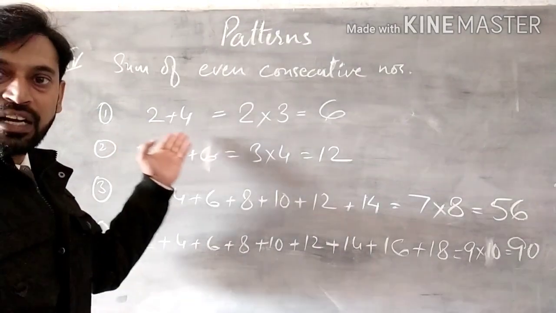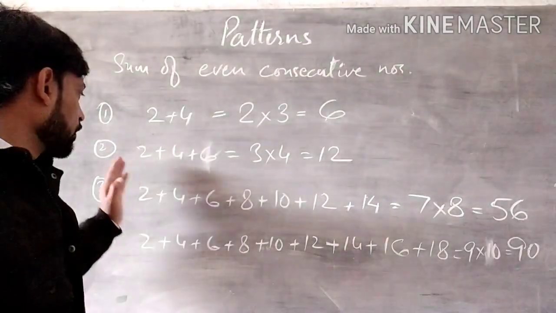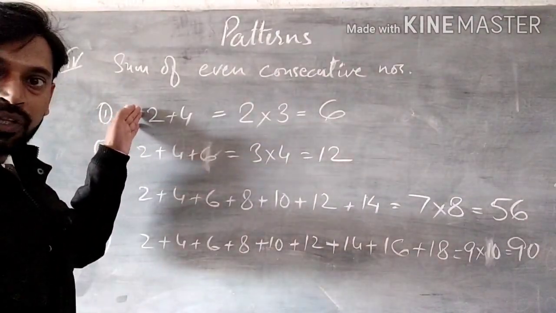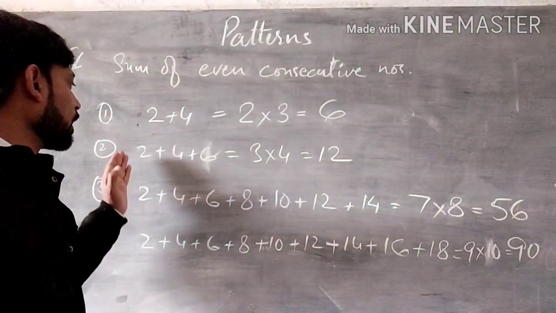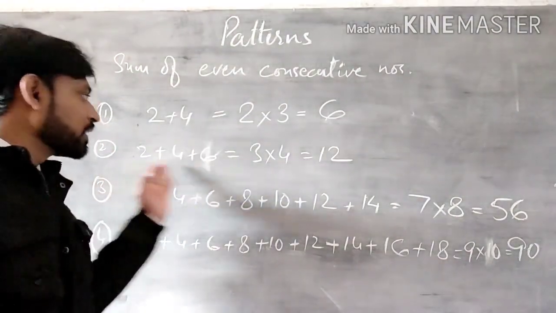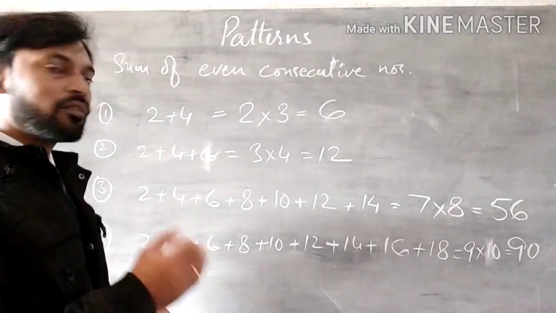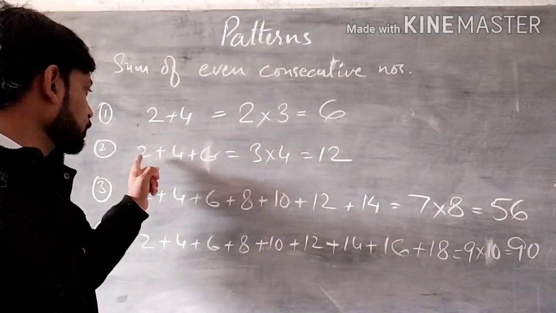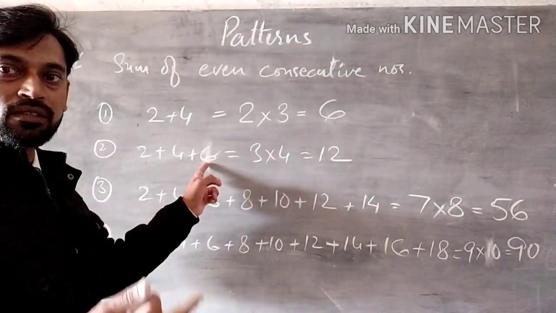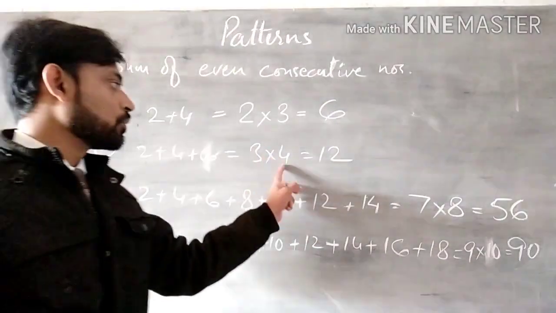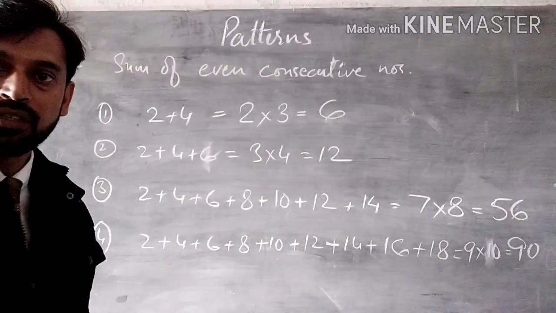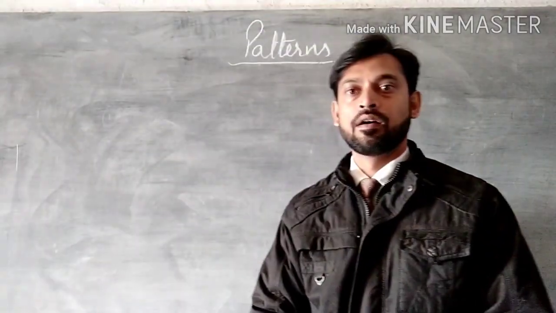Here the numbers are not fixed. The numbers must start with 2, and you just have to count the digits and multiply with the successor of that digit. Suppose 1, 2, 3. What is the successor of 3? That is 4. 3 4s are 12. So you will get the answer instantly.